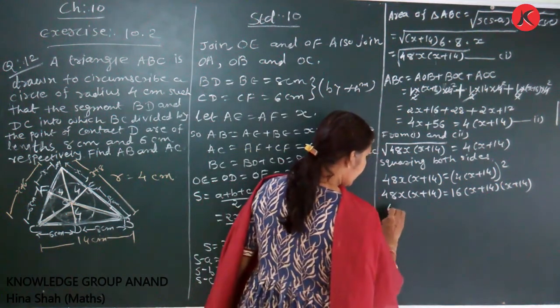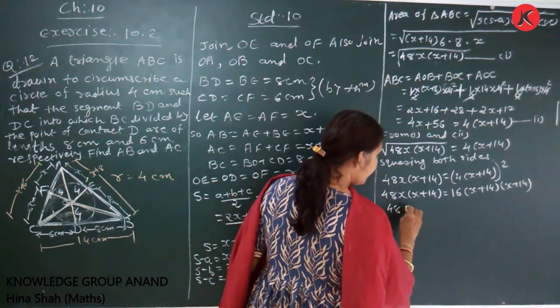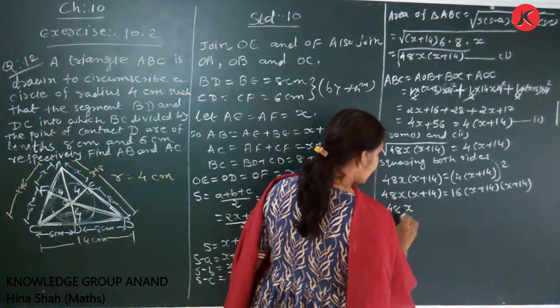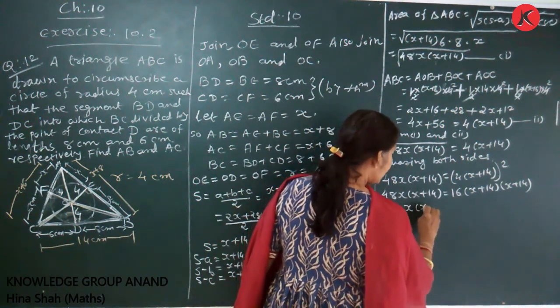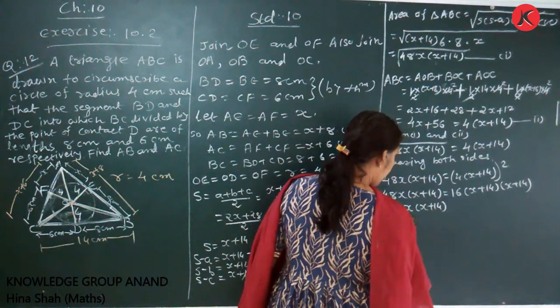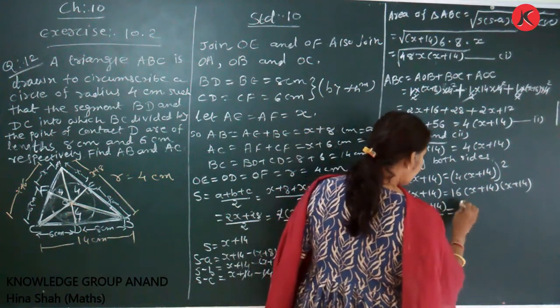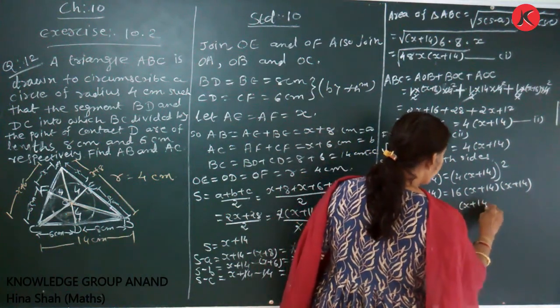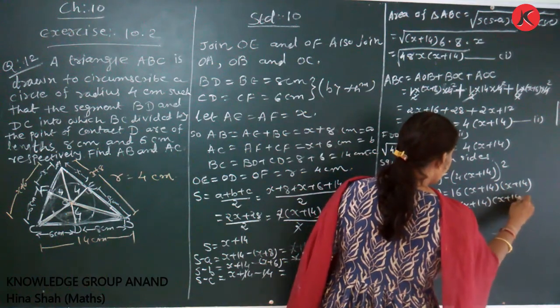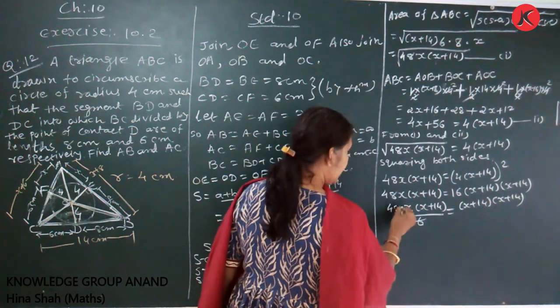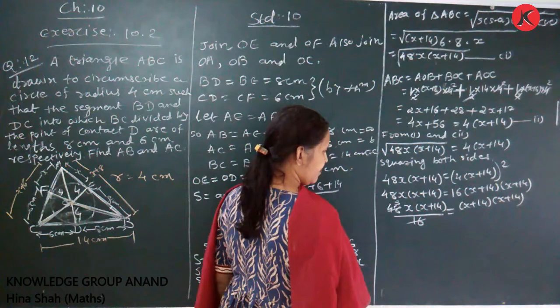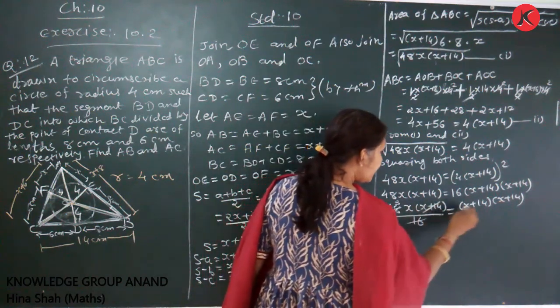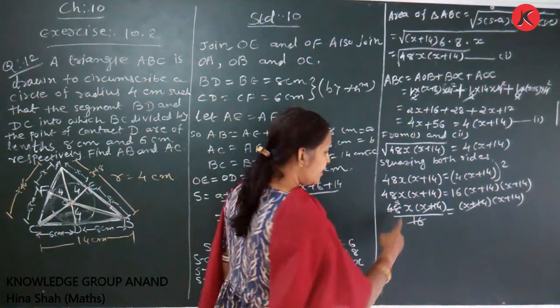Here 48x into x plus 14 upon 16 is equal to x plus 14 into x plus 14. Now 16 3s are 48. X plus 14 cancels here.